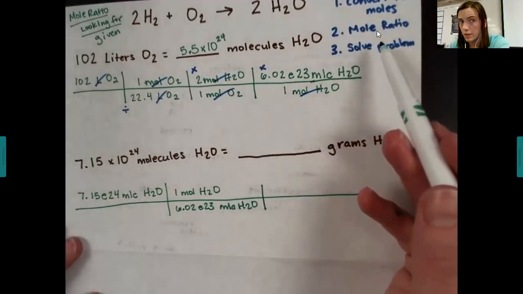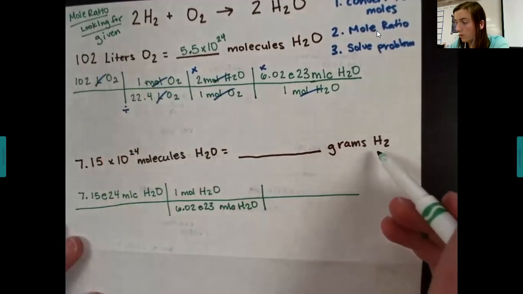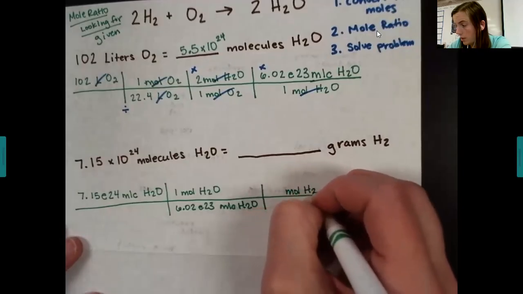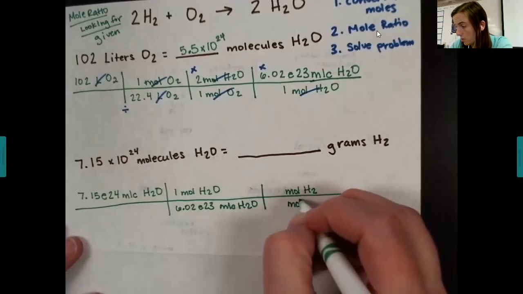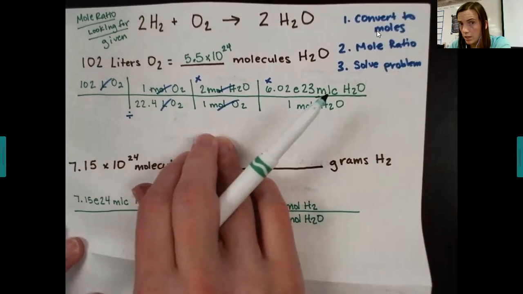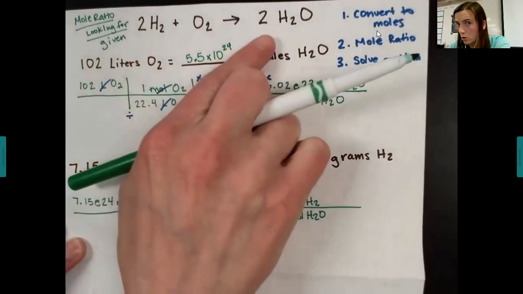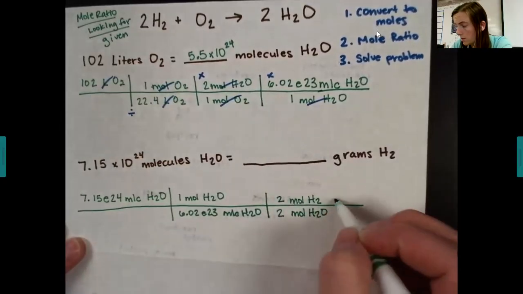So now we're at the mole ratio. Remember, it's looking for over given. So I'm looking for hydrogen, so moles of hydrogen. I'm given water, so moles of water. When we look at the balanced equation, it's 2 moles of hydrogen for every 2 moles of water. So it's this 2 over 2.